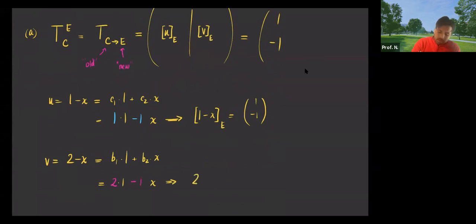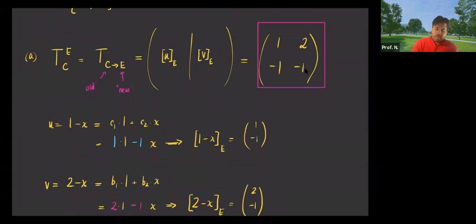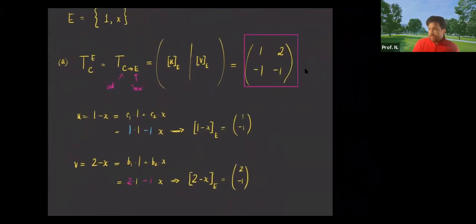What does that mean? 2 minus x, when I express this as a linear combination of the standard basis vectors, the scalars associated with that are 2, negative 1. And this is my transition matrix. Does everyone understand this?